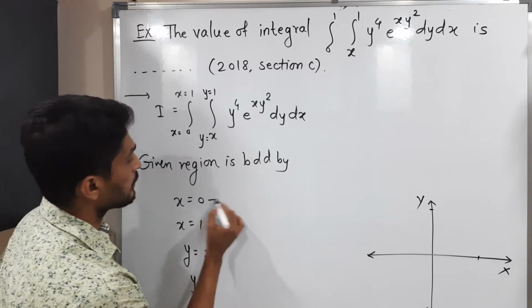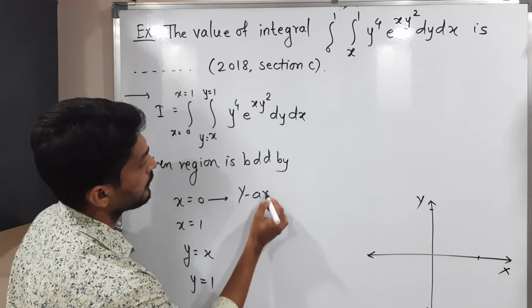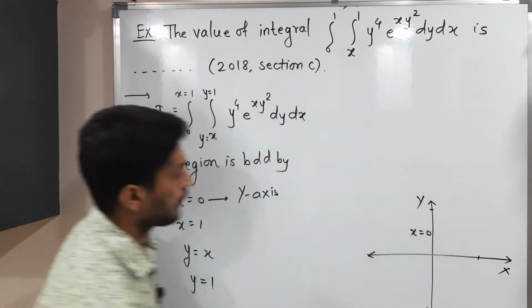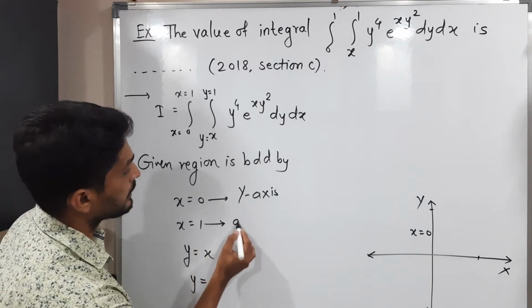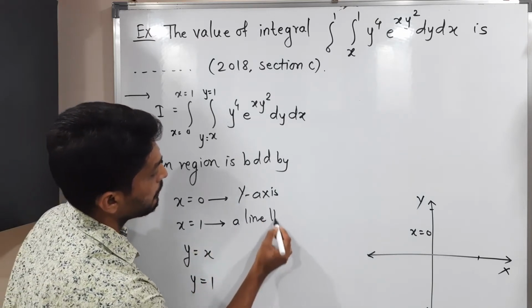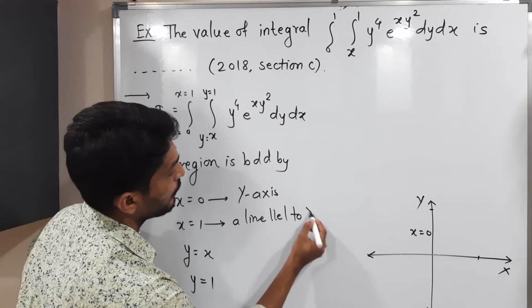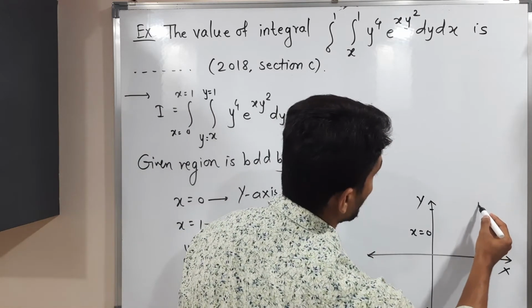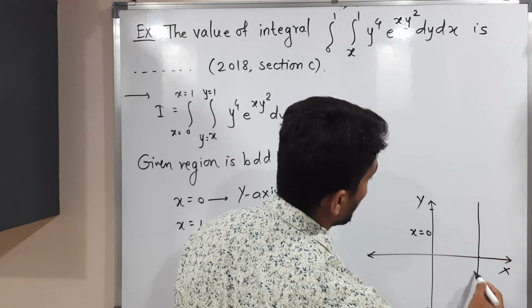You know x = 0 is the equation of the y-axis. x = 1 is a line parallel to the y-axis. It will be like this.